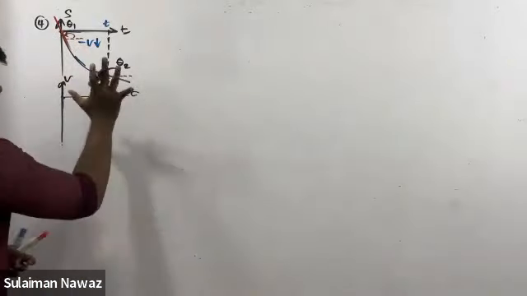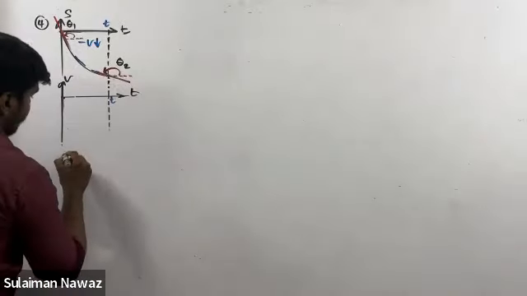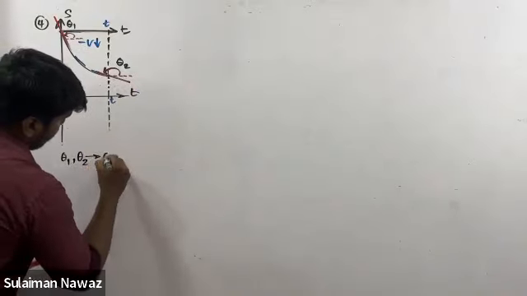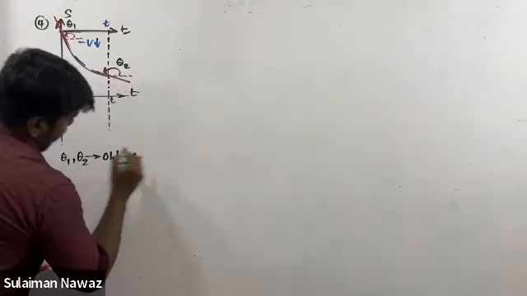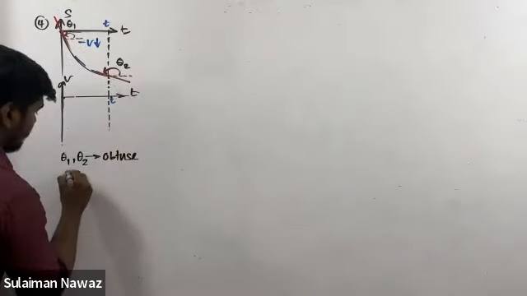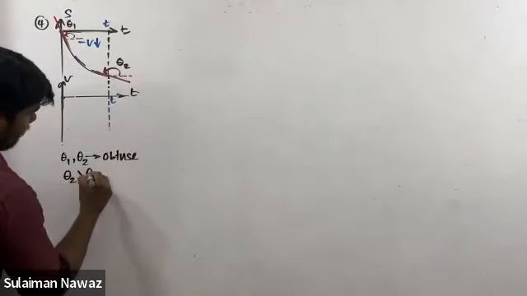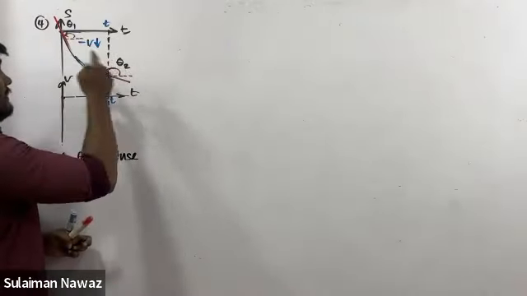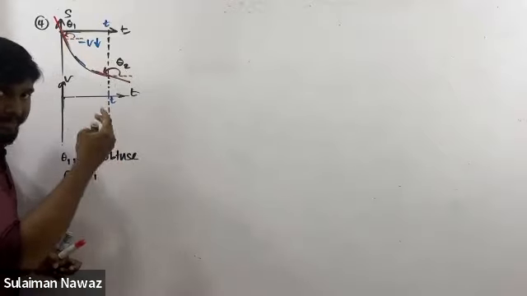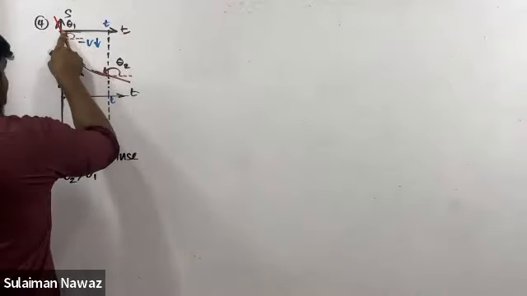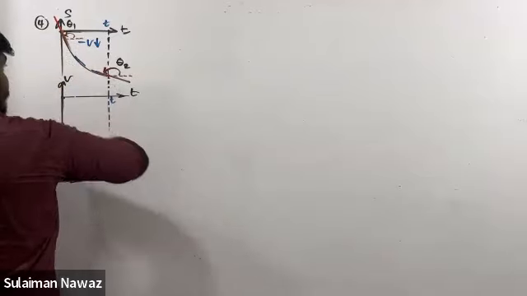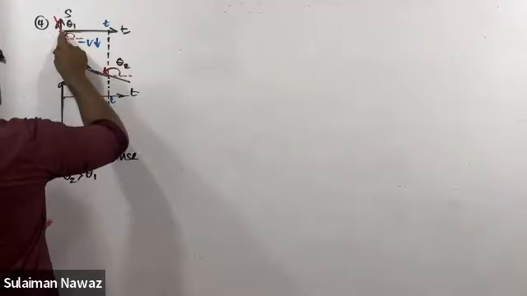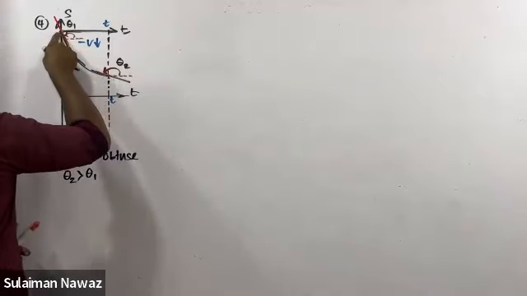Theta 1 and theta 2 both are obtuse angles. And we know that theta 2 is larger than theta 1. Right? So they are obtuse angles means they are negative velocities. When t equals 0, object has a negative velocity.